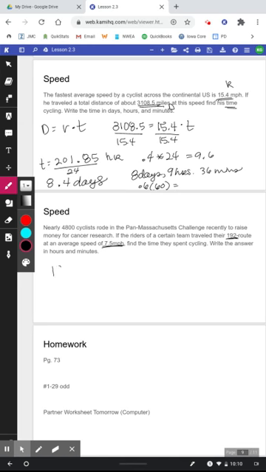So I have 192 equals 7.5 times my time. 192 divided by 7.5. Make sure I type it in right this time. 25.6 hours. So we know it's 25 full hours. And we need to change 0.6 into minutes, times it by 60, which is 36.